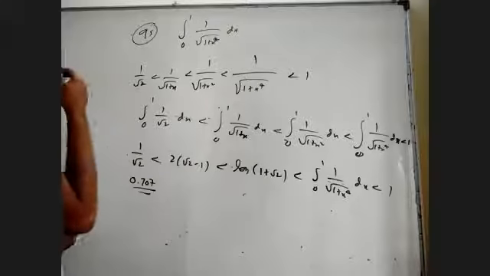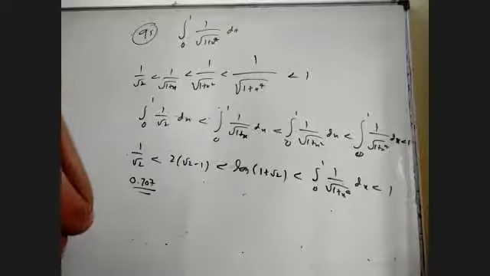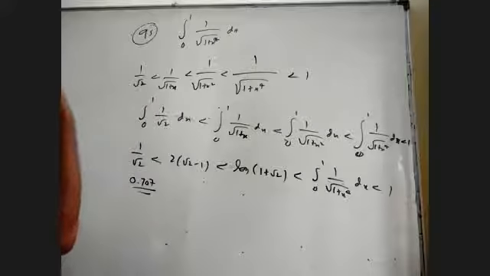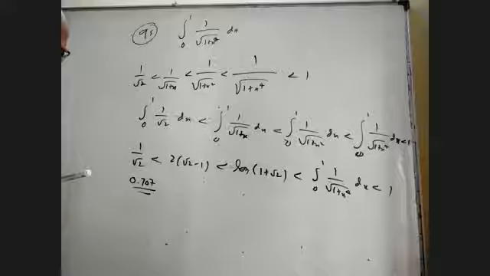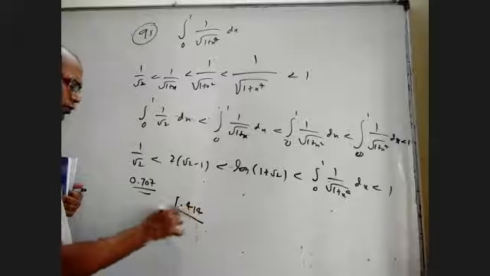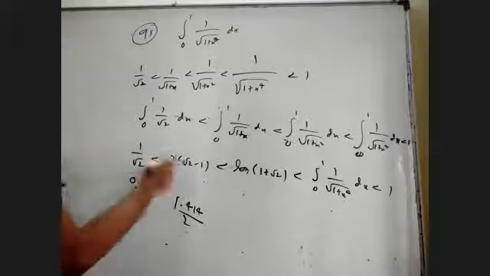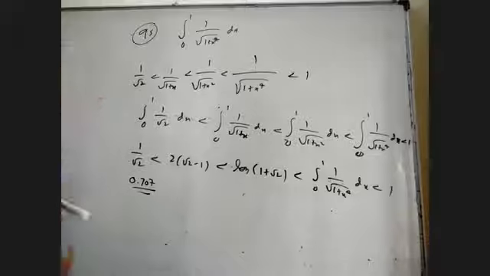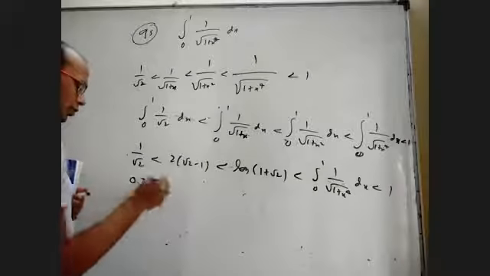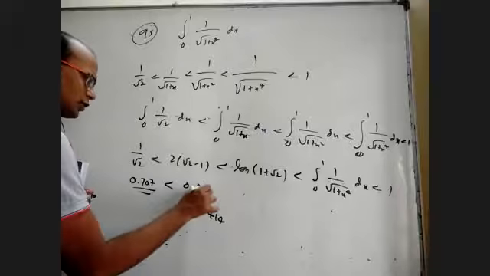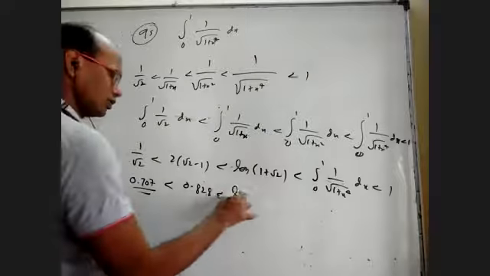Two is greater or 1 plus root x is greater? This one is greater, so this should be smaller. Yeah, 0.8 is greater than 0.7. That's fine. So this is around 0.414 times 2, 0.828. I don't know log 1 plus root 2 exactly, but okay.